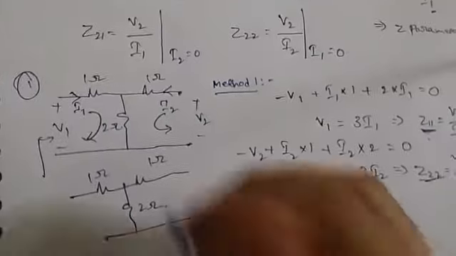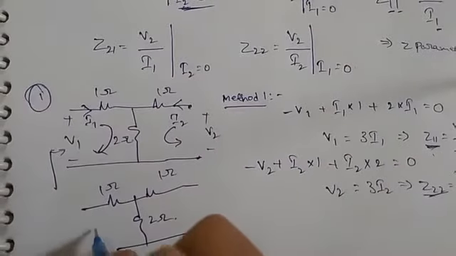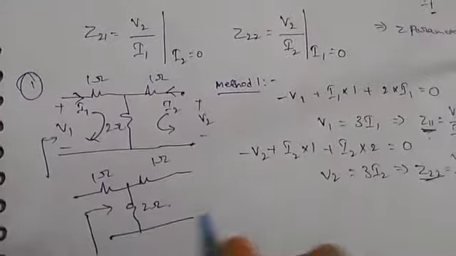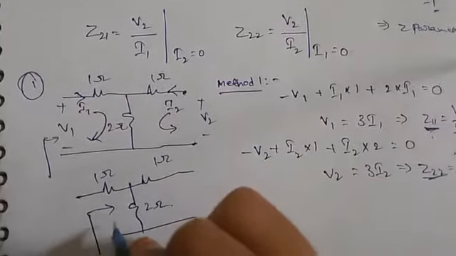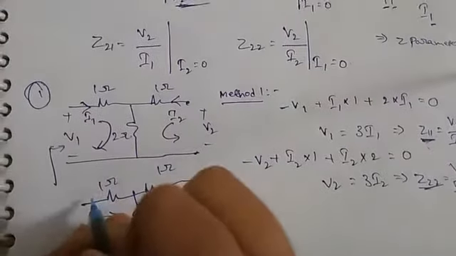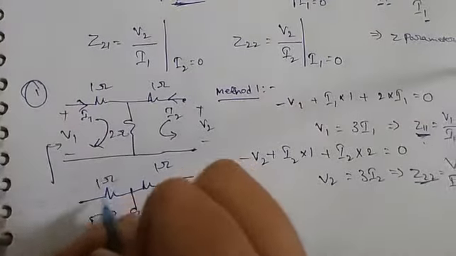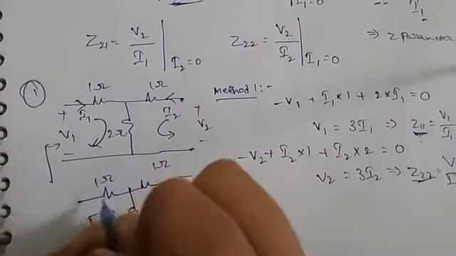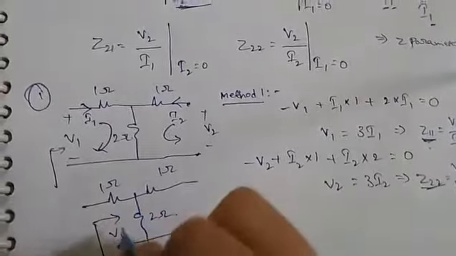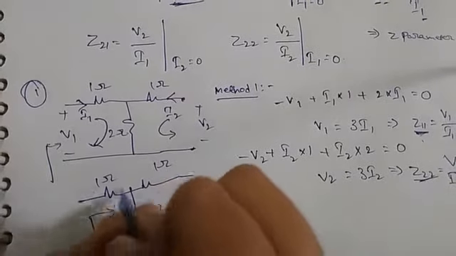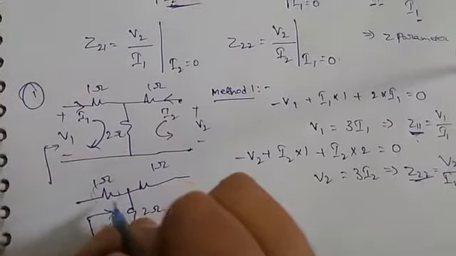Please look at this. I'm looking through this port, V1, and this I2 is 0. That means there is no I1, so this I1 current is 0. So there is no voltage across this 1 ohm resistor.